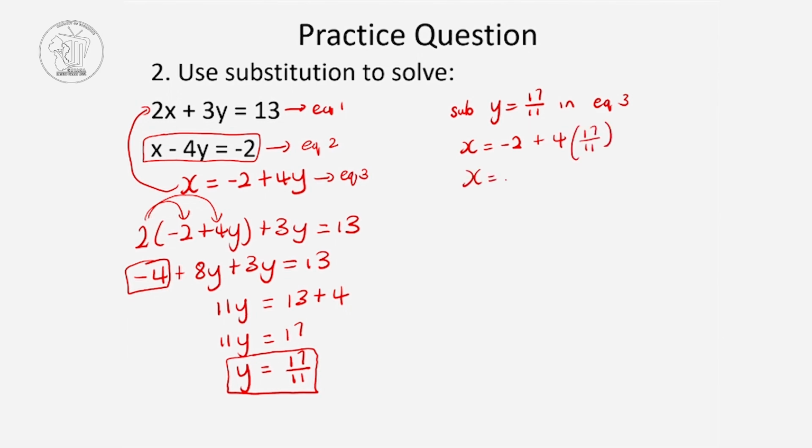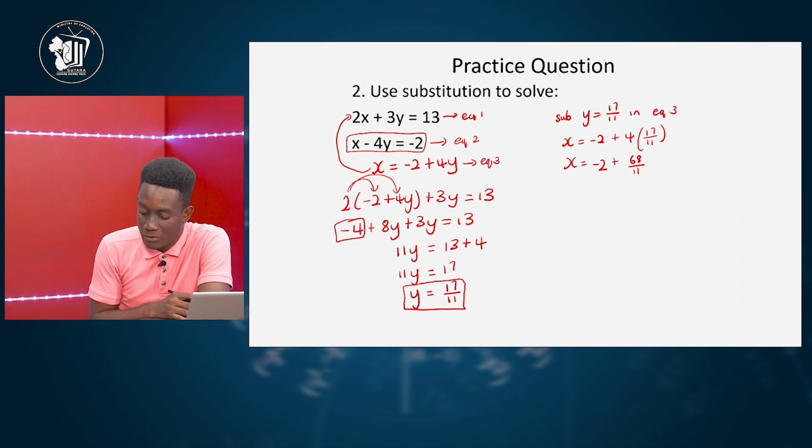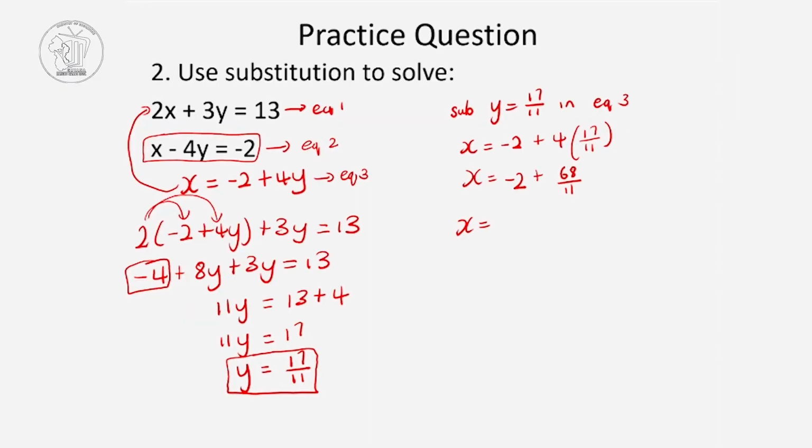So x is equal to negative 2 plus, 4 times 17 gives us 68 over 11. So negative 2 plus 68 over 11 gives us x is equal to 46 over 11. So we have our value for x and our value for y. Therefore x is equal to 46 over 11 and y is equal to 17 over 11.